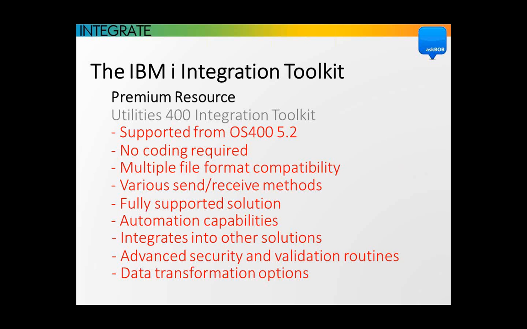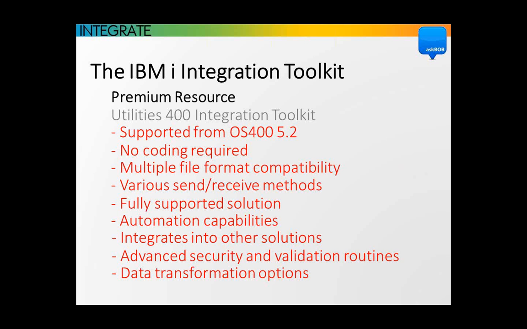Well, if your needs are for key integration with suppliers, with silos of information that are part of your business chain, then a premium solution from the IBM i market should be top of the list. Now, these are mostly inexpensive, and today we're looking at a product from our stable, one of the leaders in this field, Utilities 400. Now, using premium resource has many advantages.